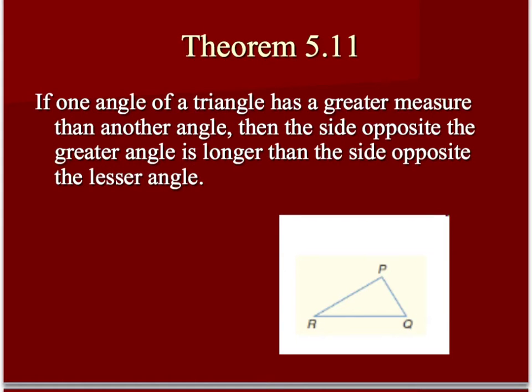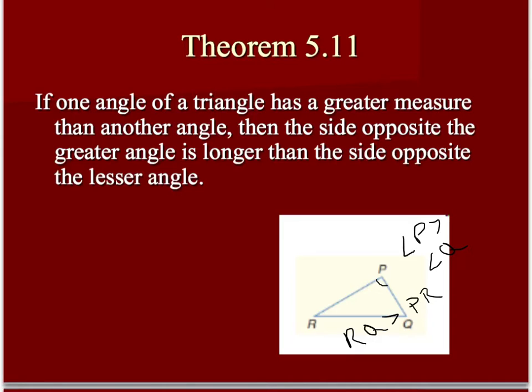Our next one is theorem 5-11. If one angle of a triangle has a greater measure than another angle, so in this picture here, angle P is greater than angle Q, then the side opposite, RQ, is greater than PR.